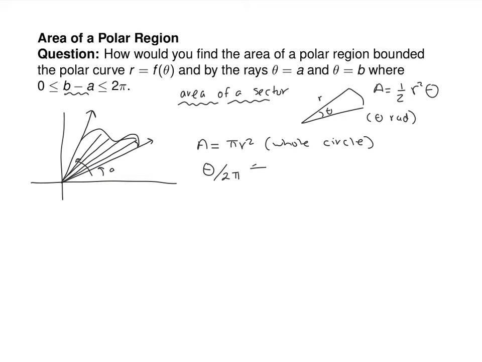That's the proportion of the circle you've traversed. So for example, if your theta was pi halves, you've gone around 1/4 of the circle. If you take pi halves divided by 2 pi, you get 1/4. So proportion of the circle. And the reason it's out of 2 pi is that there's 2 pi radians in the entire circle.